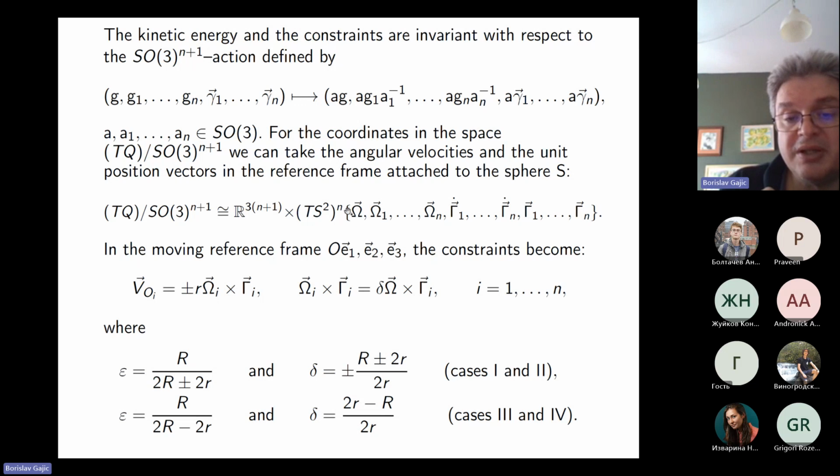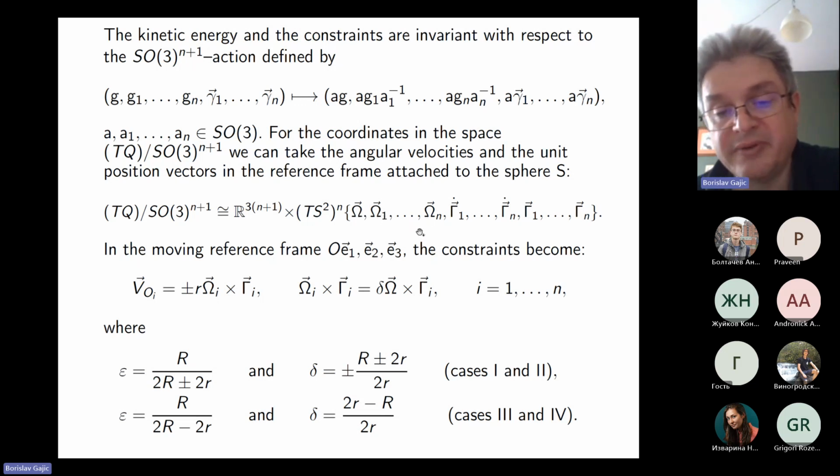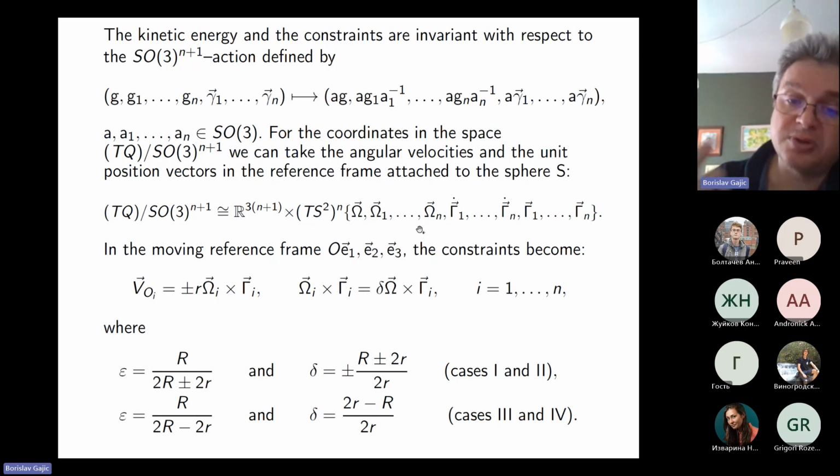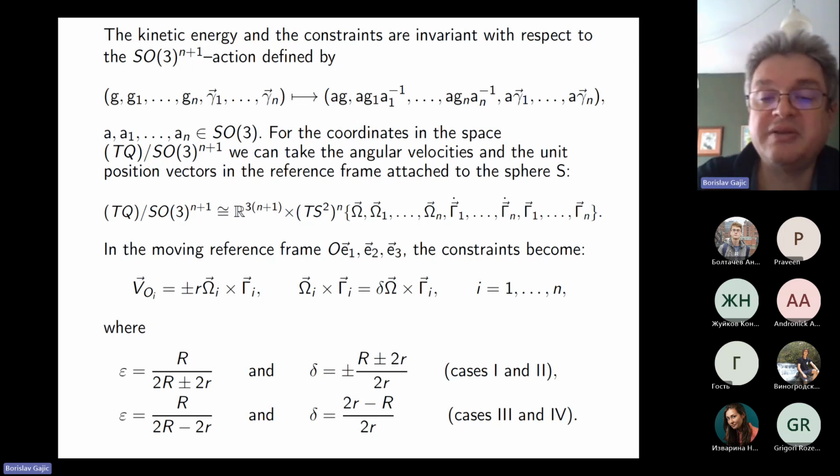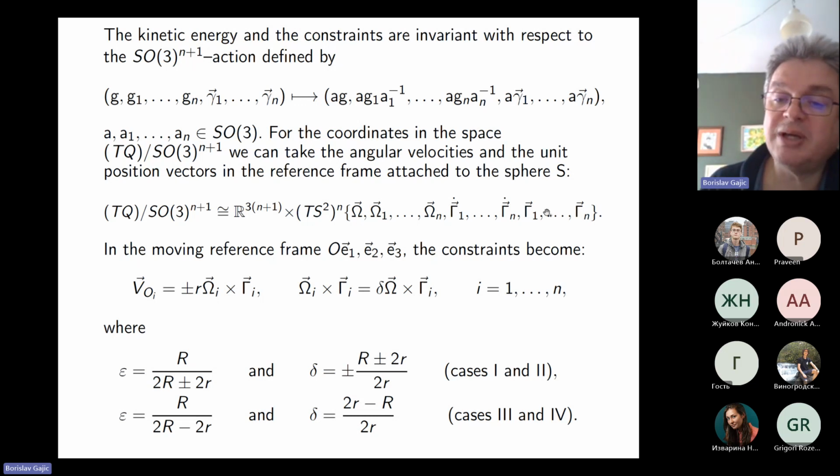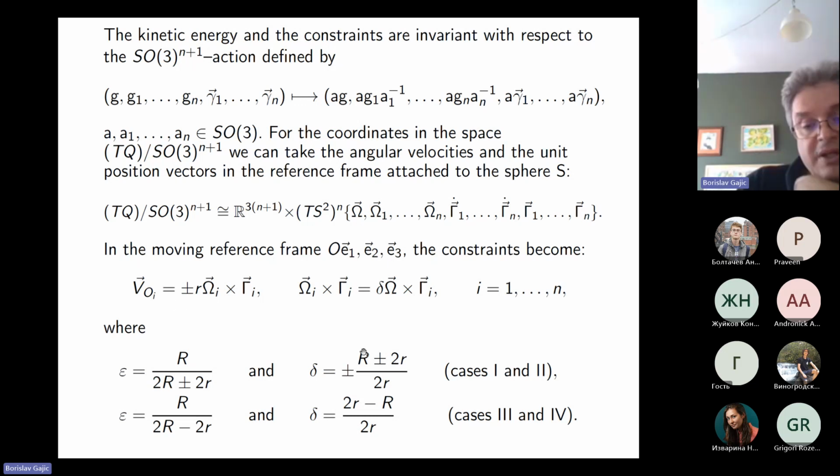Omega is the angular velocity of the sphere, so dynamically non-symmetric, and omega 1 to omega n are the angular velocities of the homogeneous balls, also in this reference frame of the sphere, and gamma 1 to gamma n are the directions of the centers of the spheres, but considered in the reference frame attached to the moving sphere. And in these coordinates, we can write the constraints in this form. It's a very nice form.